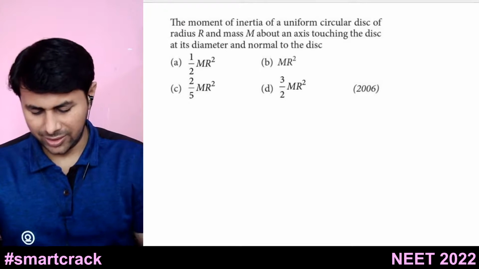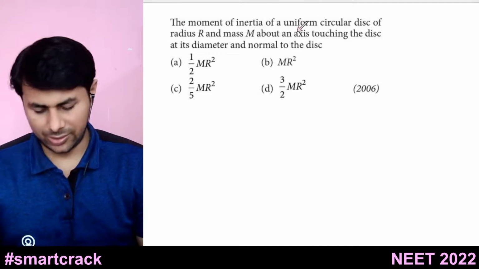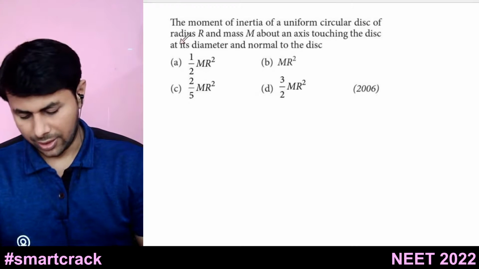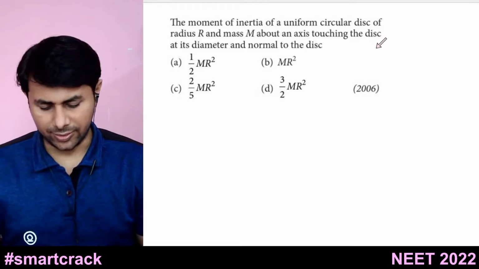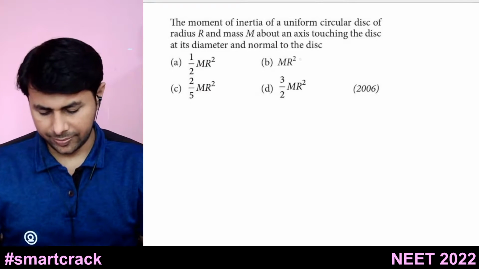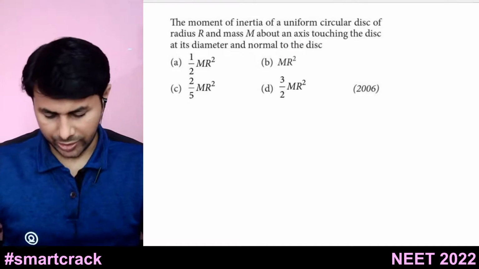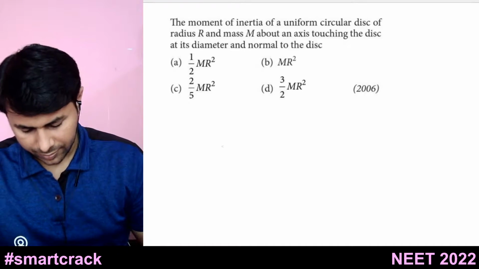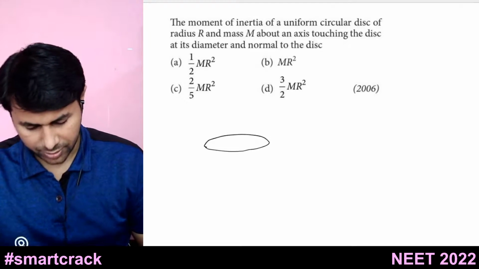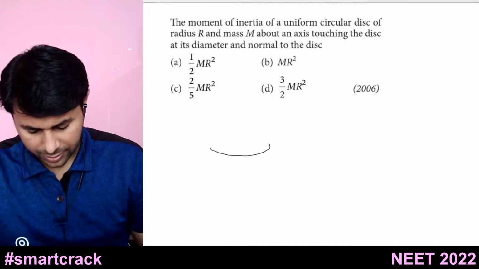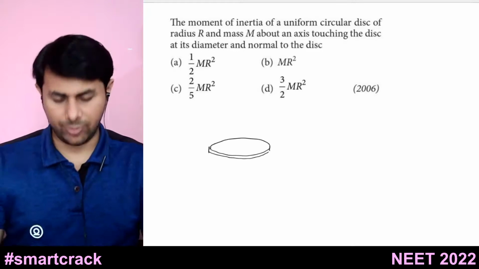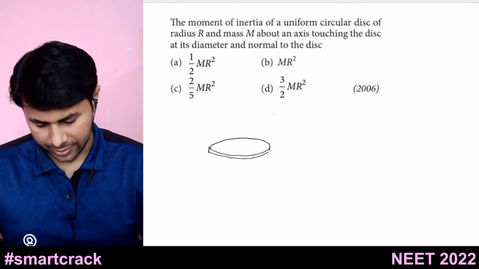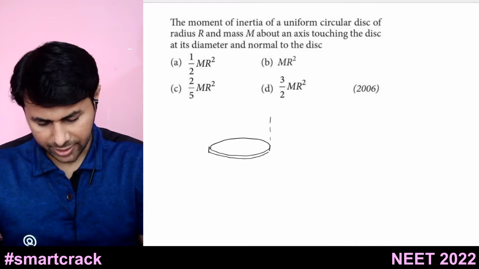The next problem is: the moment of inertia of a uniform circular disk of radius r and mass m about an axis touching the disk at its diameter and normal to the disk is. So we have a disk over here, and we want to find its moment of inertia about this axis which touches the disk.